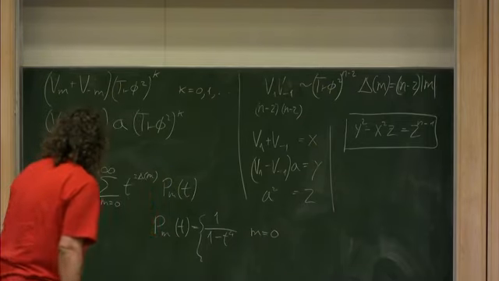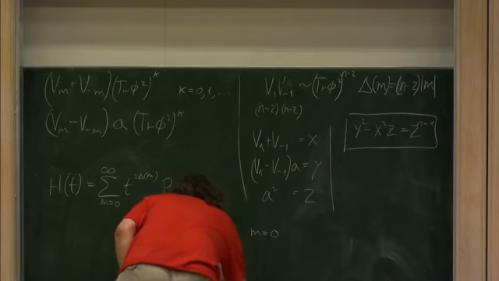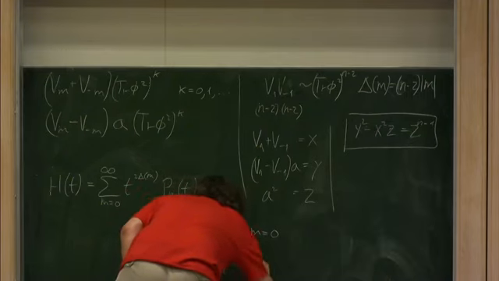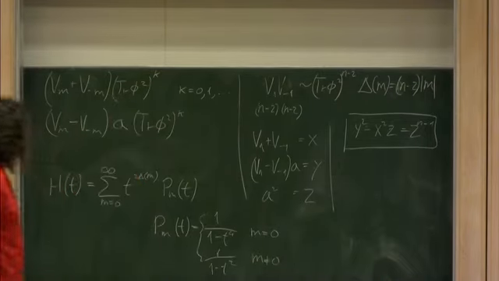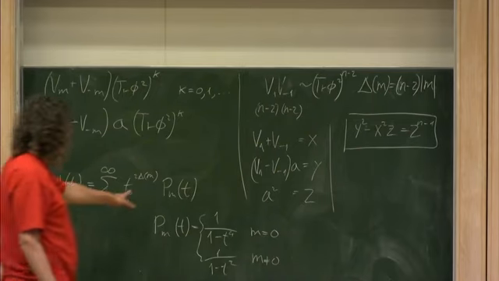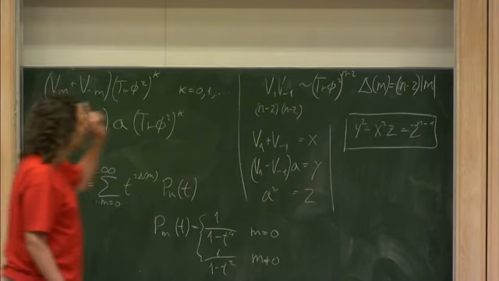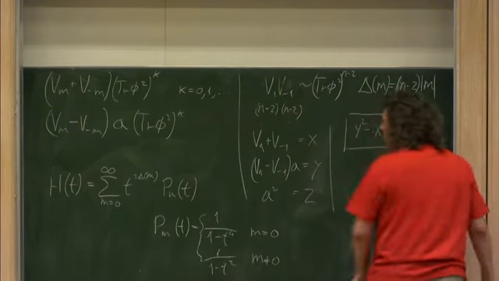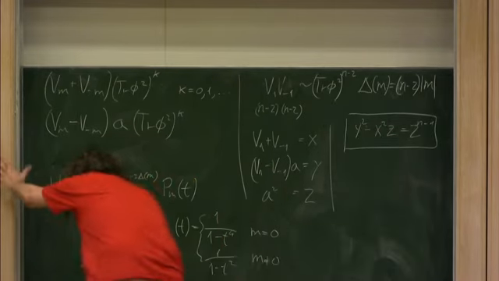And it's going to be the dressing by just phi, or by eigenvalue, for m different than 0. And if I plug these details into the Hilbert series using this form of delta over here, then I will get the Hilbert series of the Dn singularity.